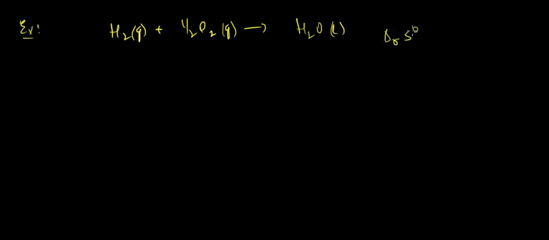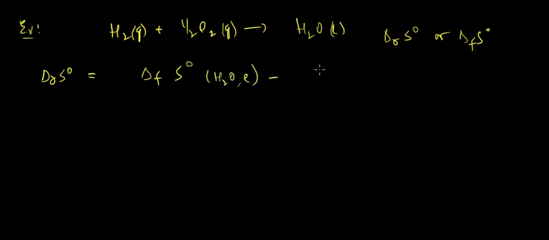So ΔrS° or ΔfS° for this reaction can be written as ΔrS° equals entropy of formation of H2O(l) minus entropy of formation of H2(g) minus entropy of formation of O2(g).